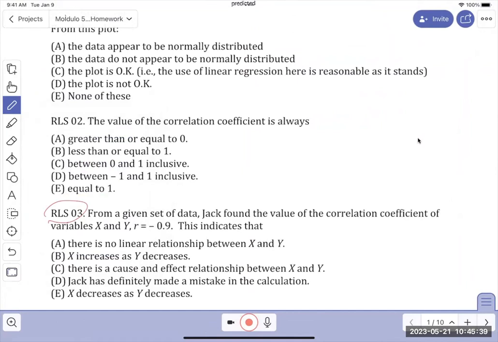What would be the right answer for number 3? I'll also put another assignment up on the platform for regression.